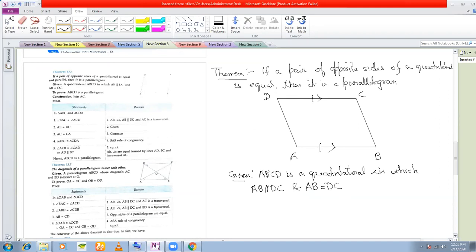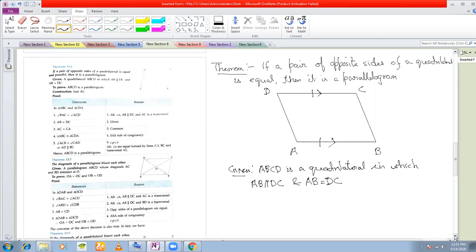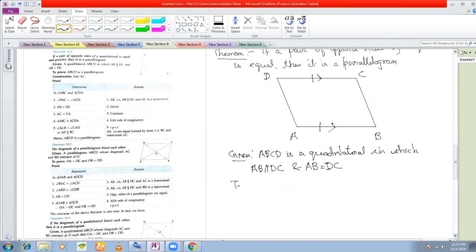Both of this information is given to you. Okay. What do you want to prove? You want to prove that ABCD is a parallelogram. Okay, so we proceed with the proof.